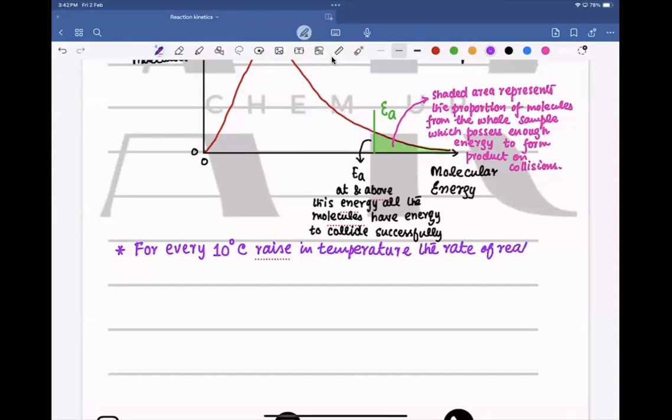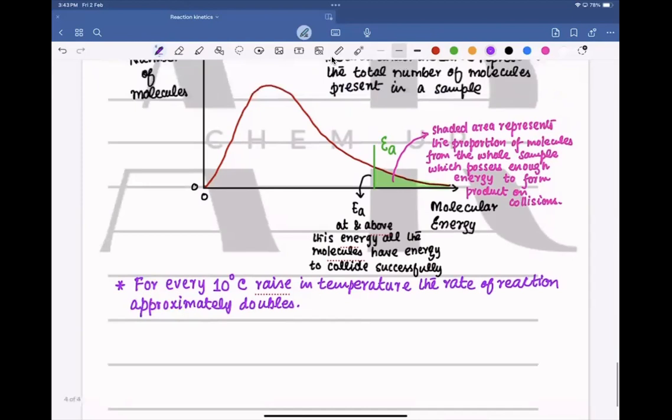Rate of reaction approximately doubles. Is this clear to all of you? Yes, sir.